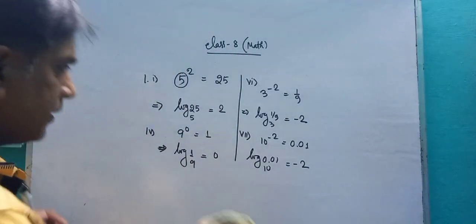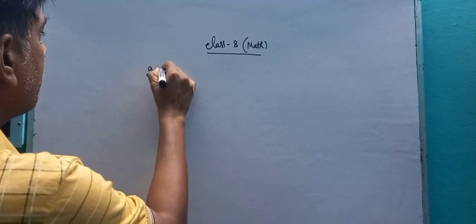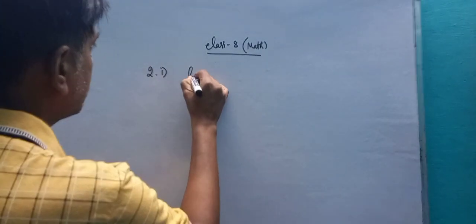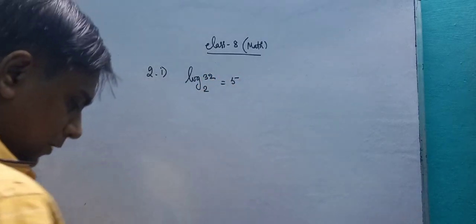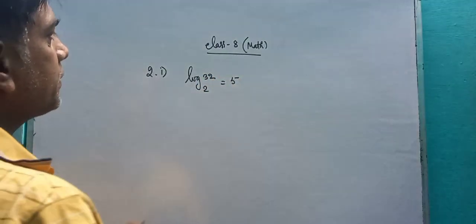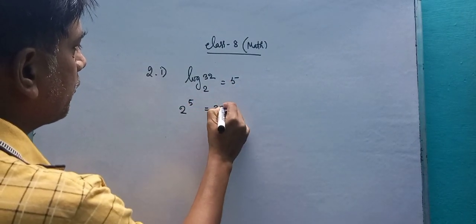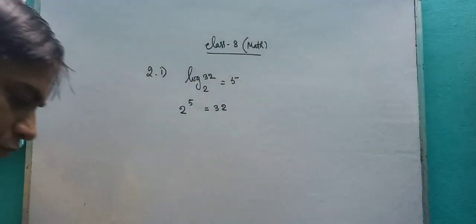And the next part is the exponential form. What does exponential form mean? Suppose we take this one. How can I say the exponential form? You say this to the power this is equal to 32. This is the reverse form for question number 2.